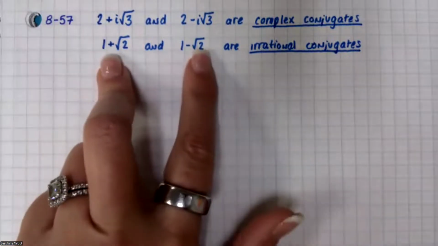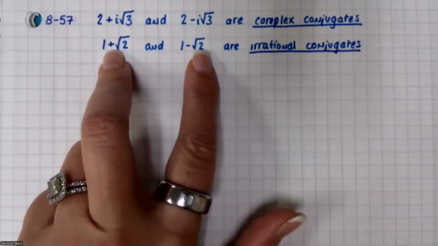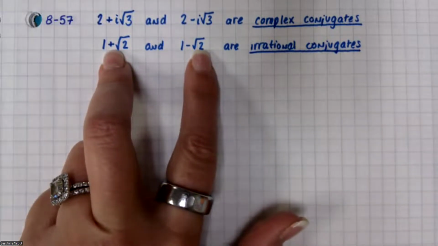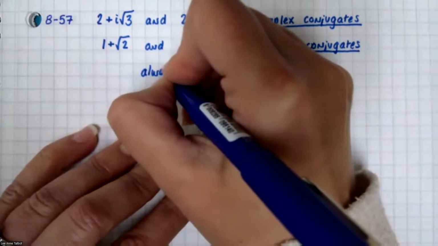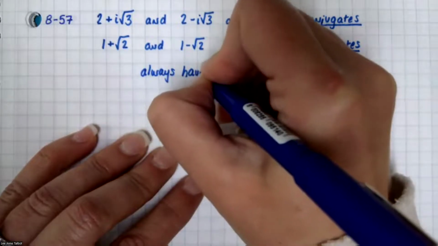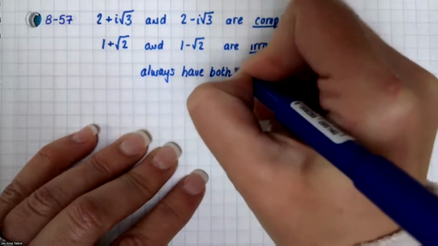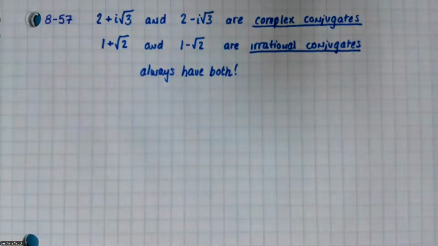These ones don't have the i part, so they're just irrational conjugates. But the important thing in number 57 to note is that if you have one, you always have the other. So I could be a total jerk on a quiz or test.